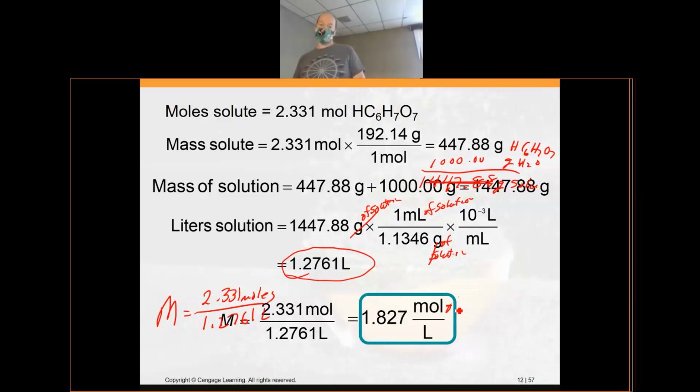So again, this is moles of your solute, which in this case is citric acid, HC6H7O7, per liters of solution. Again, I would write out the exact units every time because moles per liter is not very helpful. You have to know it's moles of solute per liter of solution in order to get these consistently right.